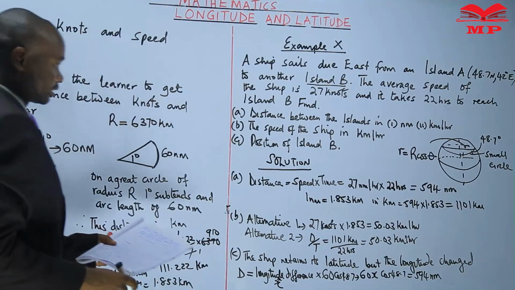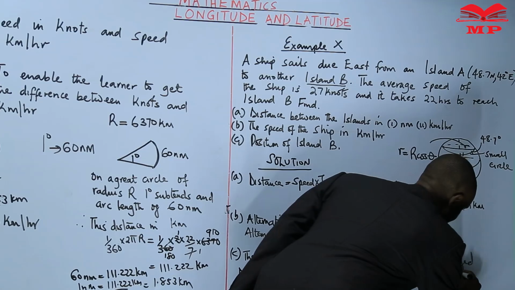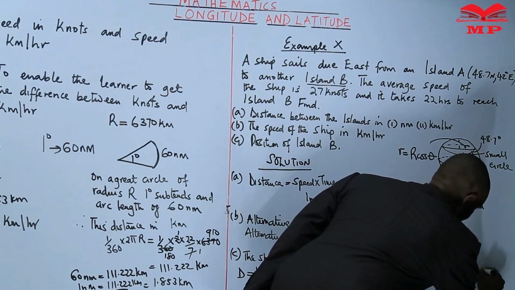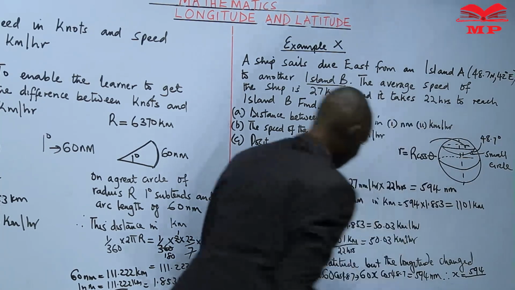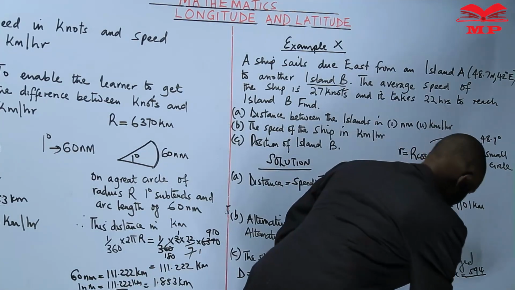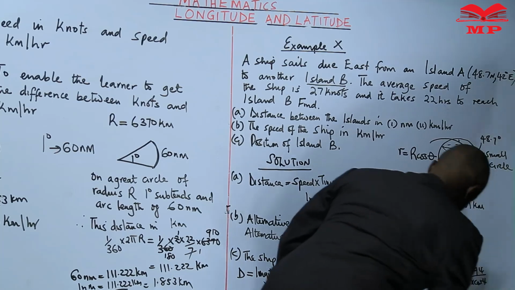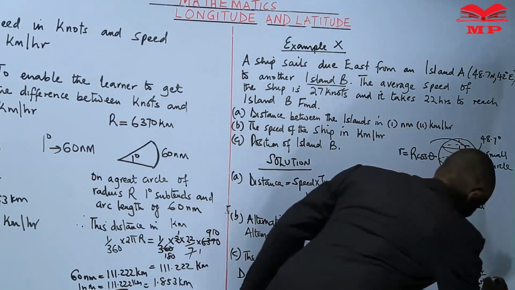So x, therefore, will be 594 divided by 60 times cos 48.7.